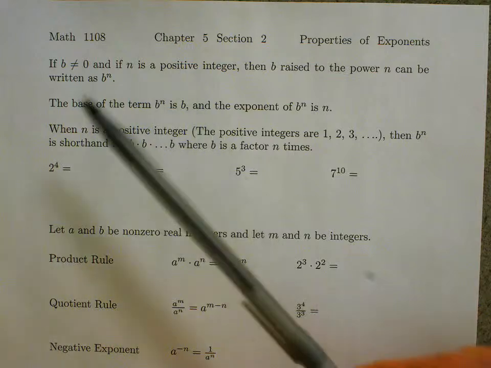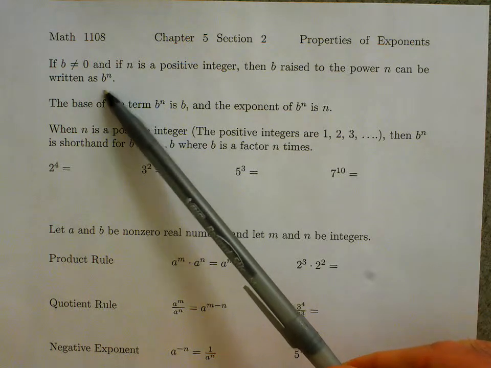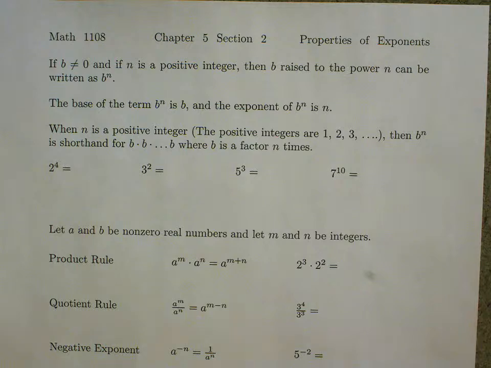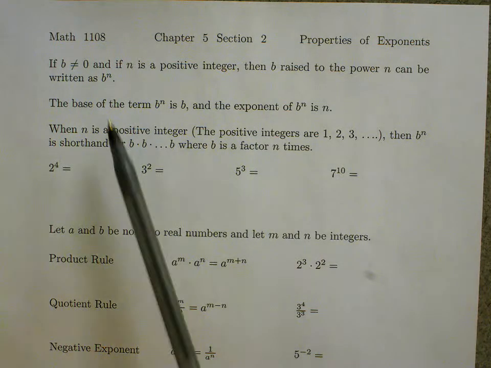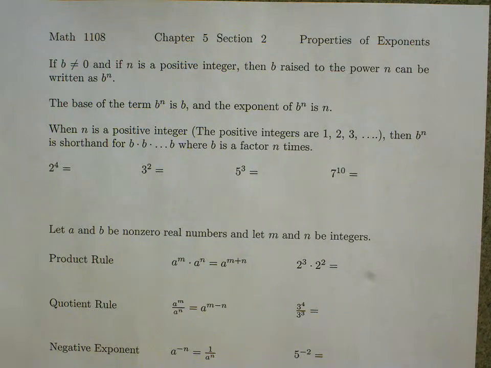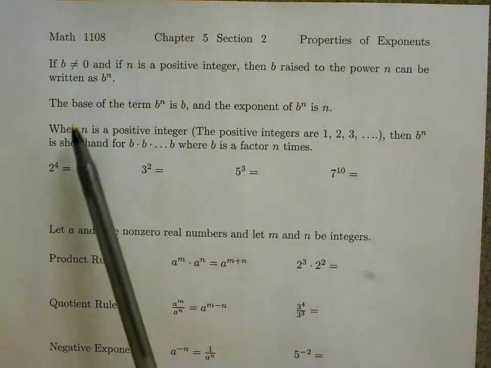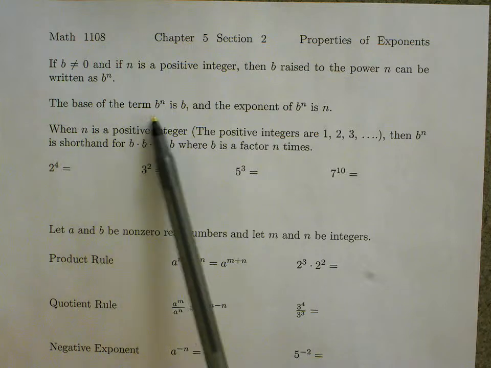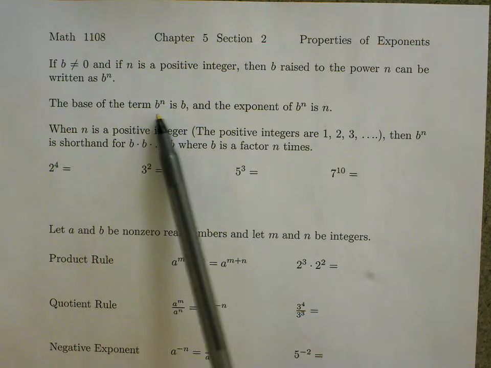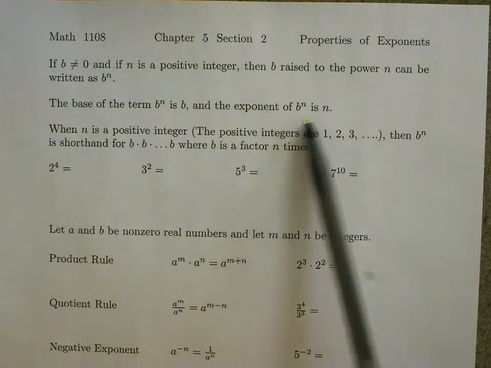So we read that as b to the nth power or b raised to the power n. But n is in the position of the exponent. It's a raised number. So the base of the term b to the power n is b, and the exponent of b to the power n is n.